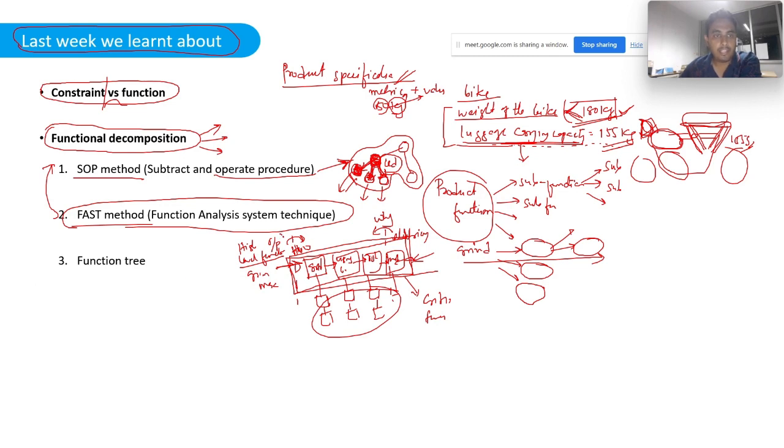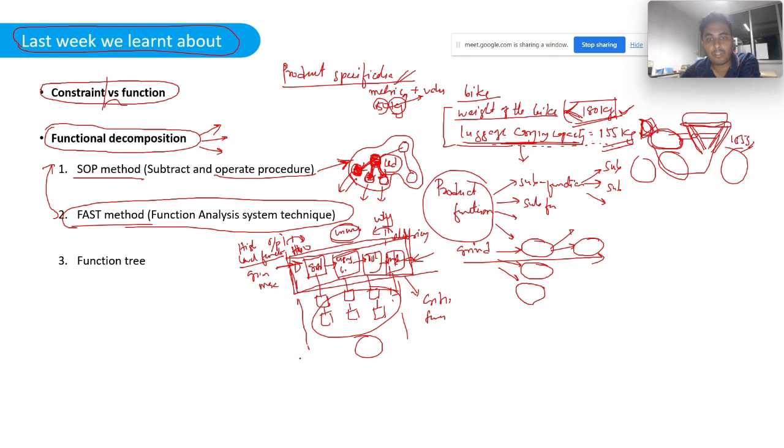And in this FAST method we can also detect various unwanted functions, which are not desired, but because of the system design you may realize that certain noises start coming. Those are not desired functions, but those are a result of some other function. So those are called unwanted functions. And there are also one-time functions.